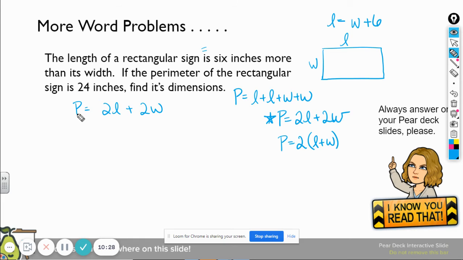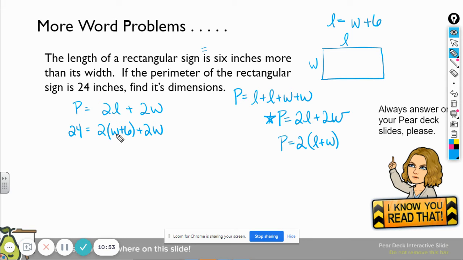I'm going to substitute in 24 for the perimeter. Then 2 is 2. What can I use for L? Well, we said L was W plus 6. So let's put in there W plus 6. So I represented L with W plus 6 because I see that those are equal to each other. Plus 2W.